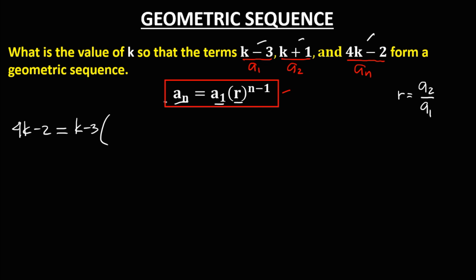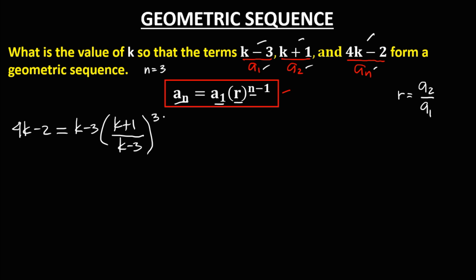So a sub 2, that's k plus 1 over a sub 1, that's k minus 3, then quantity to the power n, where n is the number of terms. So since we have 1, 2, 3 terms, therefore n equals 3.